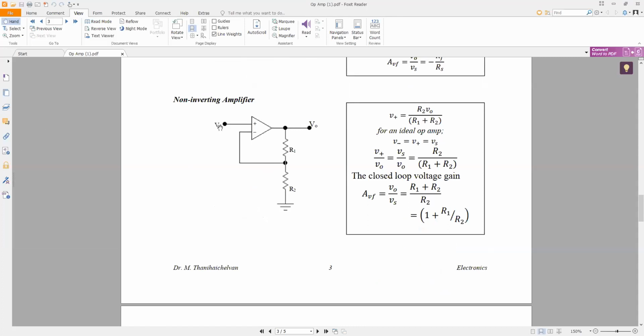Instead of the inverting terminal, Vs is connected to the positive terminal, and you have a V out, and V minus is connected in the middle of this loop, right? So the derivation is given here, and after I explain it, you can recheck or verify it with the lecture notes.